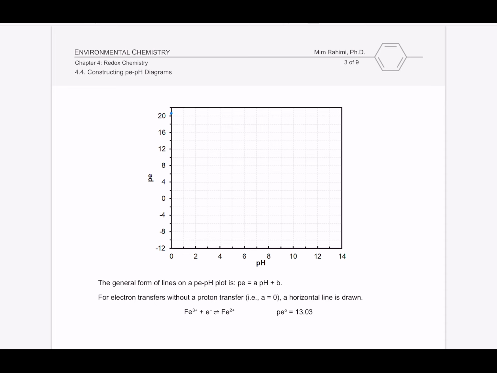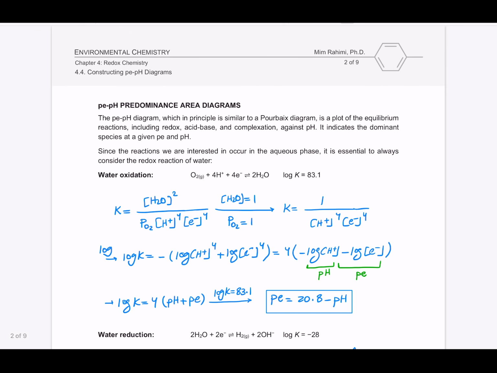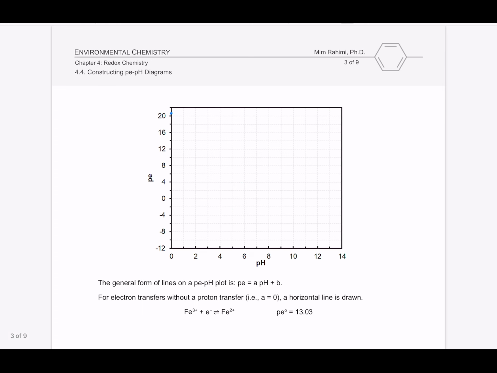And then the other one, let's say we have a pH of 10. Then it would be 10.8, right? So it would be roughly, so this is 10 and 10.8. Okay, so that's the first line.